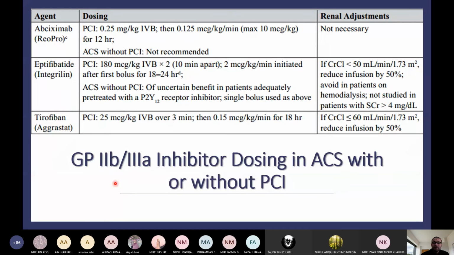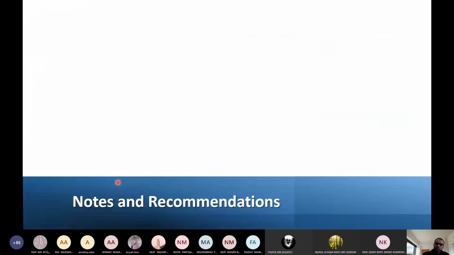The one we have highlighted, the GP2B3A inhibitor, is to be offered in high-risk individuals, and all the data regarding them. The high-risk features, especially in patients with PCI, are the features that we have highlighted earlier. We have 3 agents: abciximab, eptifibatide, and tirofiban.